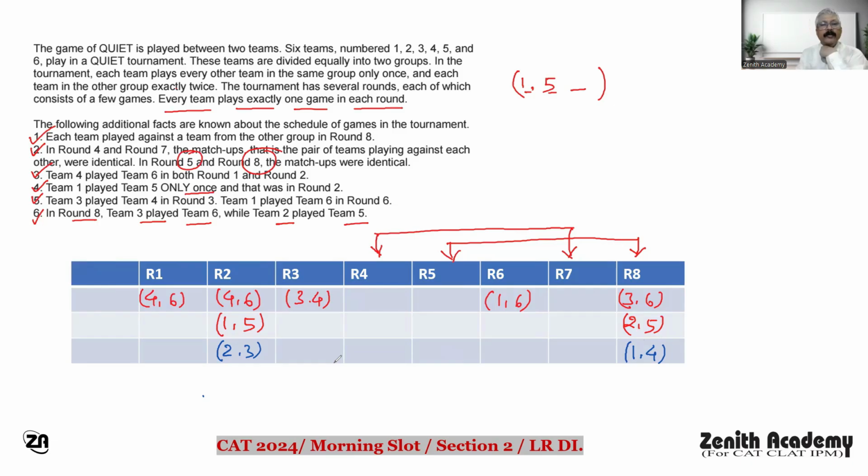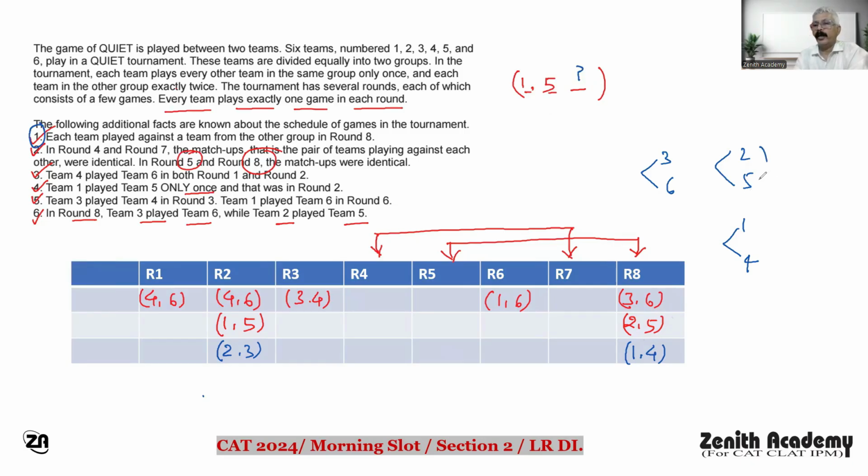Now, it was given in the additional information that each team played against a team from the other group in round 8. It means 3 and 6 are not in the same group. 2 and 5 are not in the same group. 1 and 4 are not in the same group. So look here. 1, 5, this one place is left.